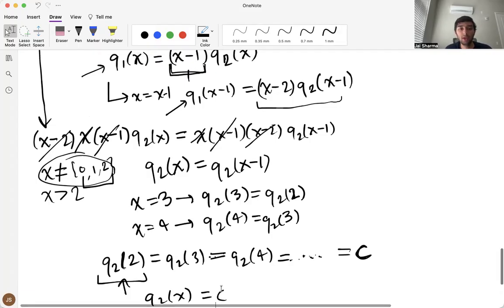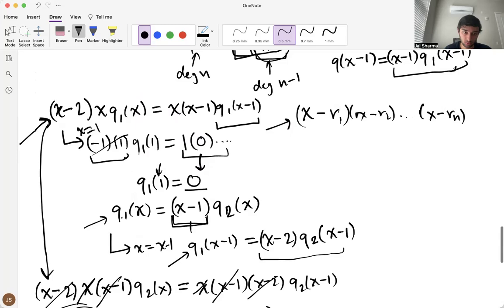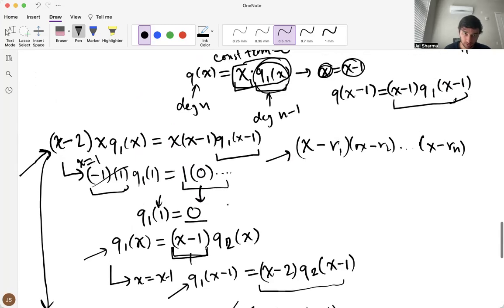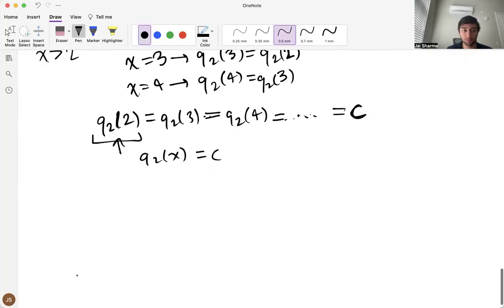So we know that q1 of x is equal to x minus 1 times q2, and q of x is equal to x times q1 of x. So real quick, q of x is equal to x times q1 of x, which is x minus 1 times q2 of x.